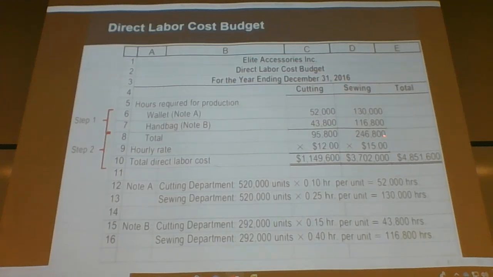Total 246,800 in hours multiplied by the $15 hourly rate gives us 3.7 million. We add those 2 figures together and we say, okay, our direct labor budgeted cost is $4,851,600. And those are all the components for that.